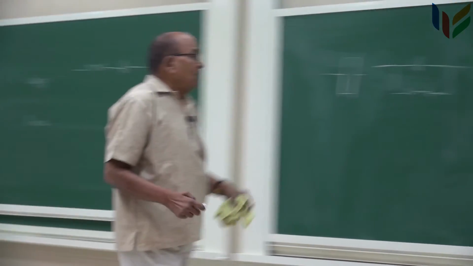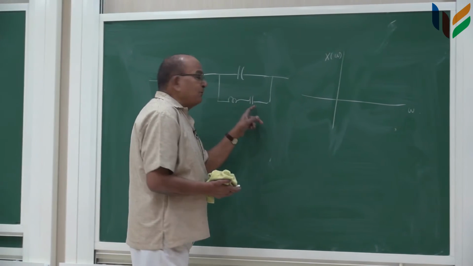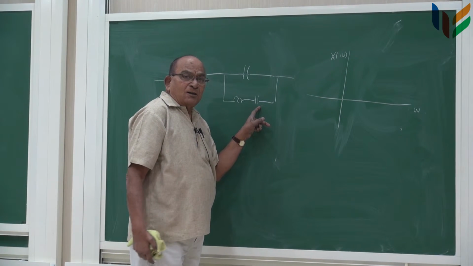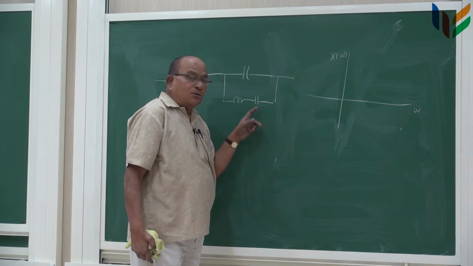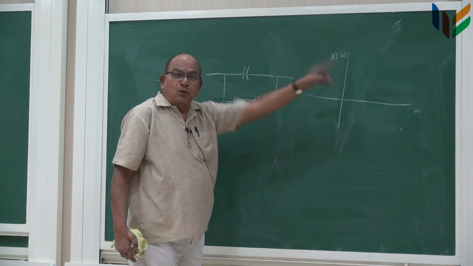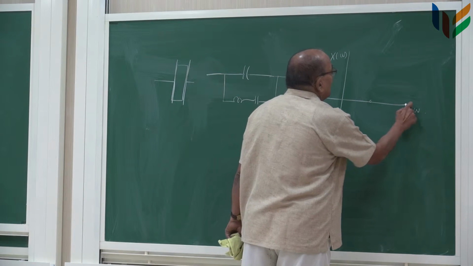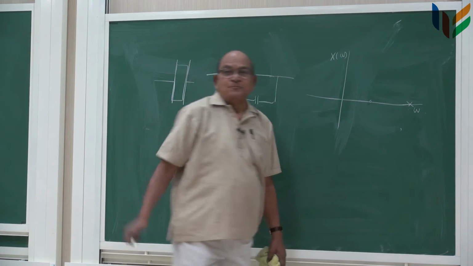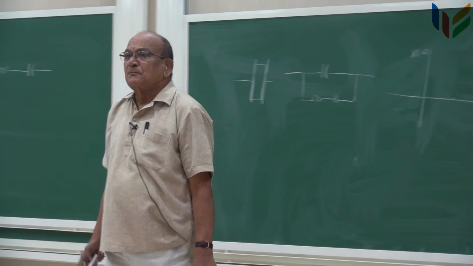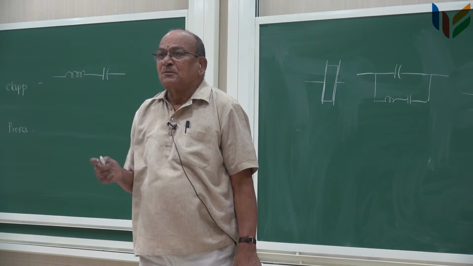Now, since the series capacitor is always less than the capacitor by itself, the 0 comes first and the pole comes next. So, we have a 0 here and a pole here. Are you with me or not, what I am saying?